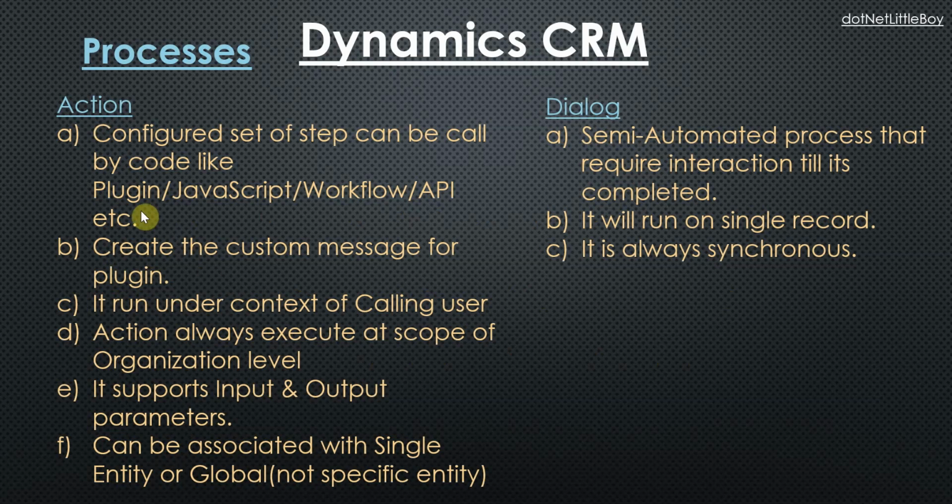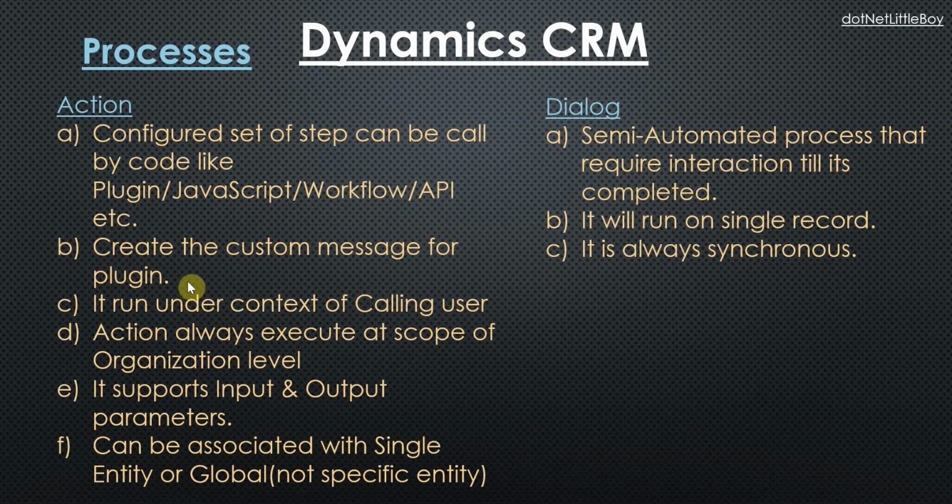That is another beautiful feature of actions, because they can be called in different ways, unlike the other processes we have, like dialogue, workflow and business process flow, because those are entity specific and have limited trigger points. In the case of an action, we have many different ways, like plugin, JavaScript, workflows, APIs, a lot more trigger points to call this action.